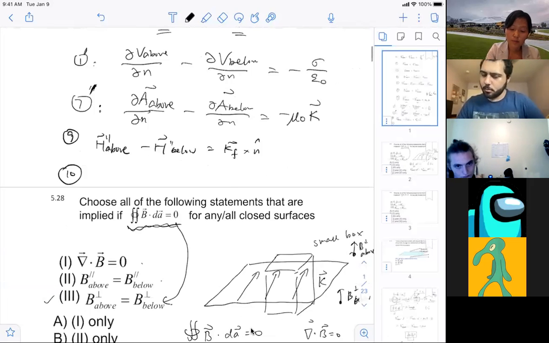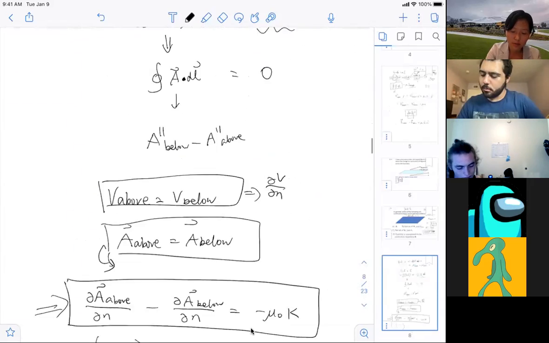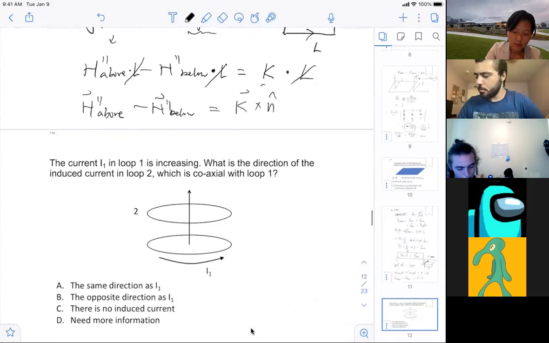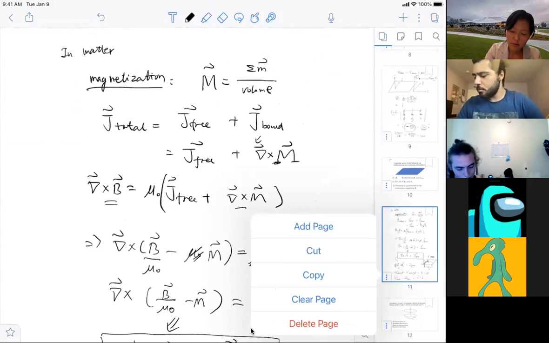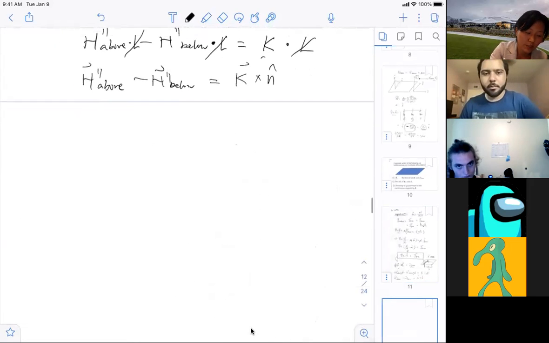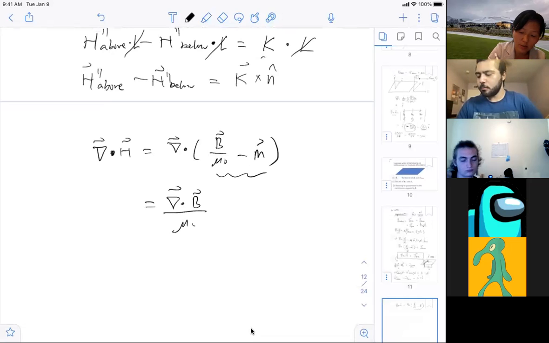The last one, okay, I promise this is the last one. No more boundary conditions. The last one is the perpendicular component of H, and I need the divergence of H. So the divergence of H is the divergence of B over mu naught minus M, because that is the definition for H. And you can see that the divergence of B is 0.